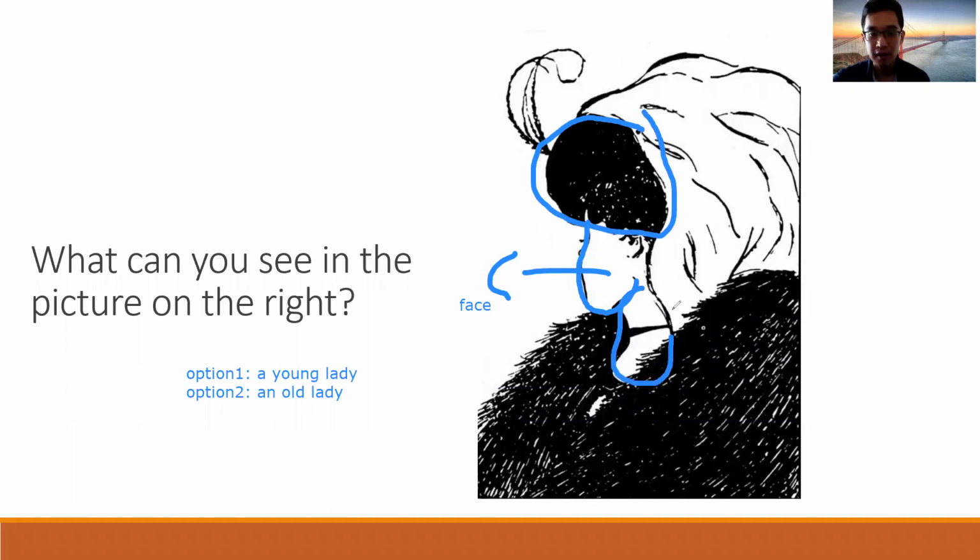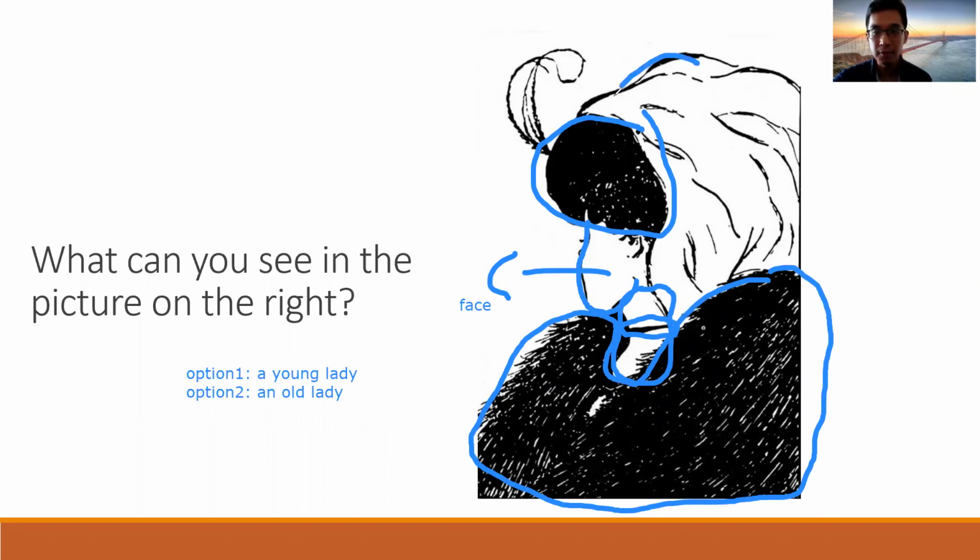And this part is the neck. And here's a lace, right? There's a lace, which is black, on the neck. And this part is a coat. And this part is a scarf that covers the hair, right? So there is a fur here. That's some kind of decoration.